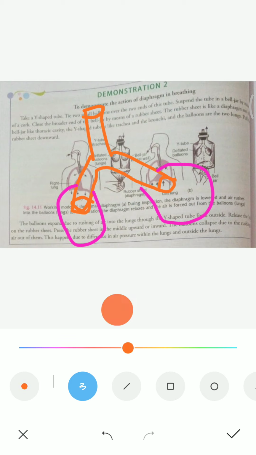We use a rubber cork, and we will be placing this entire thing inside a flask, and along with that we will be attaching a rubber sheet at the base of that flask. This structure looks like our lungs.